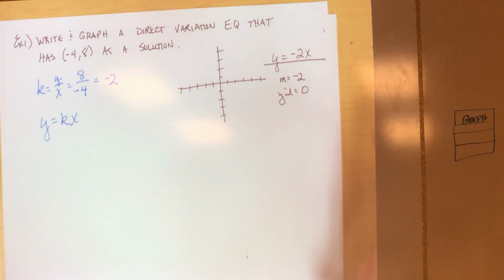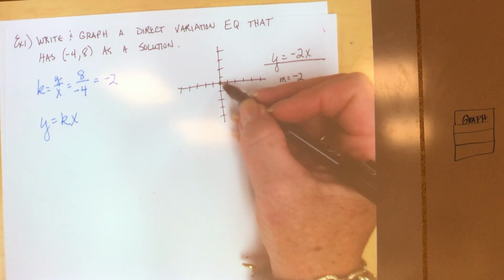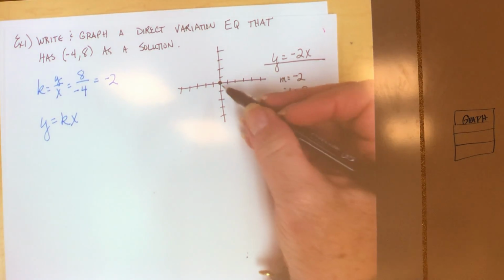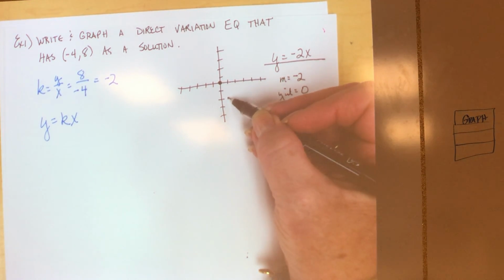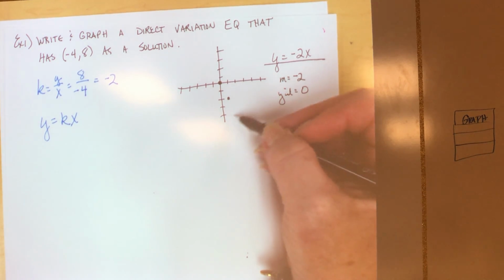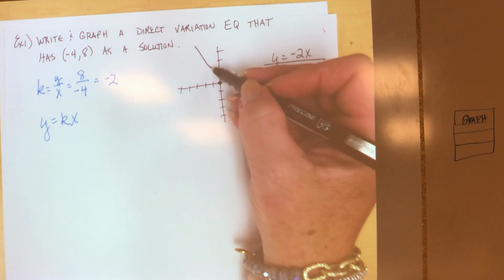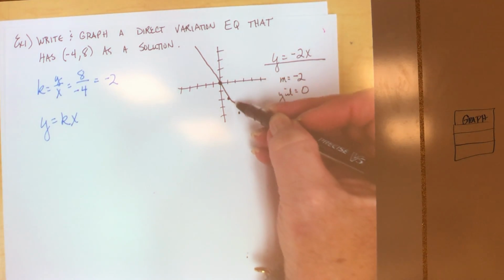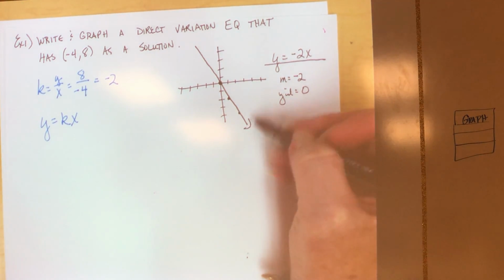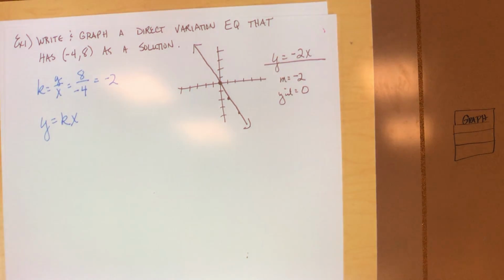So I start at 0, 0, and then use my slope: down 2 and to the right 1. And here is my line. I'm always going to go back and check: my slope is negative, is my line going down? Yes, it is. When you read it from left to right, it is going down.